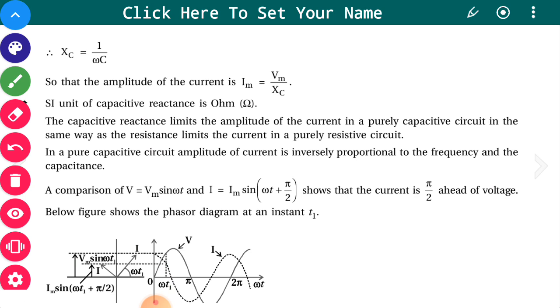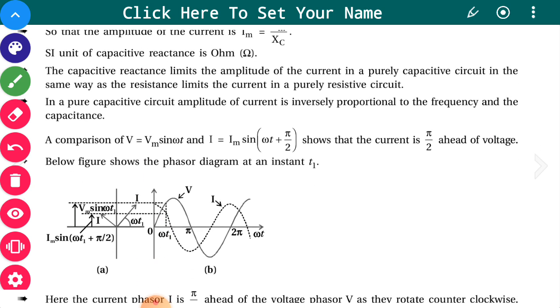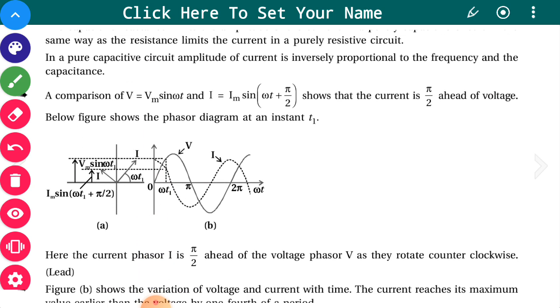So it behaves as a kind of resistance, as it opposes the current. Now if you draw the phasor diagram of this, the phasor diagram can be drawn easily.